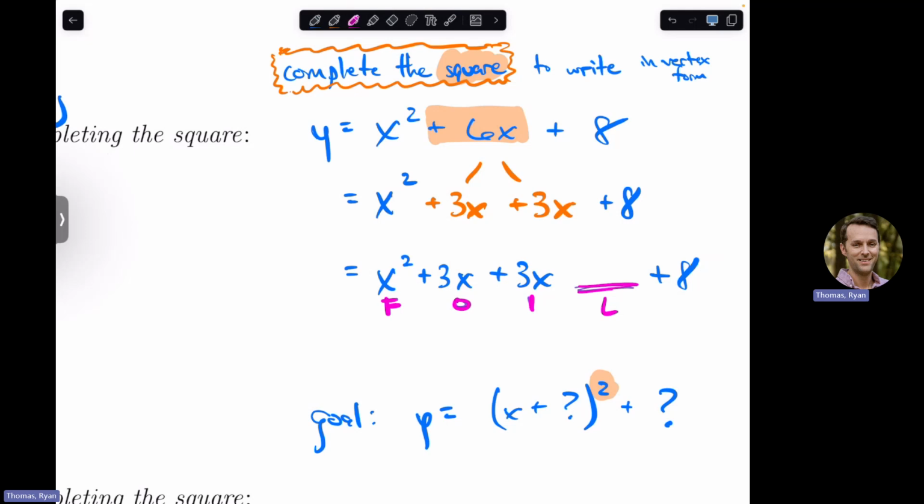If the first and outer and inner parts of the product look like x squared plus 3x, what's the missing part here? What would the factors have to look like to get this out of expanding them?